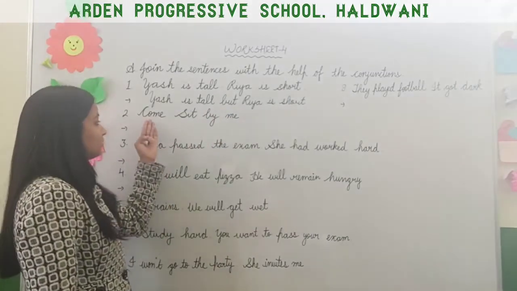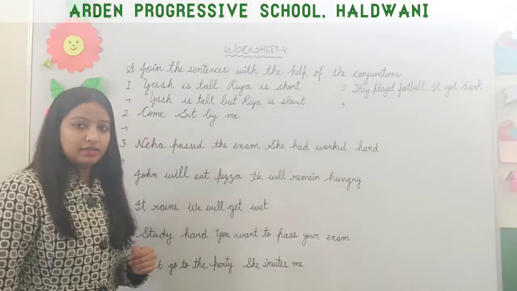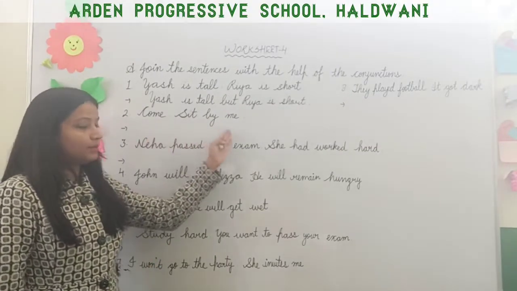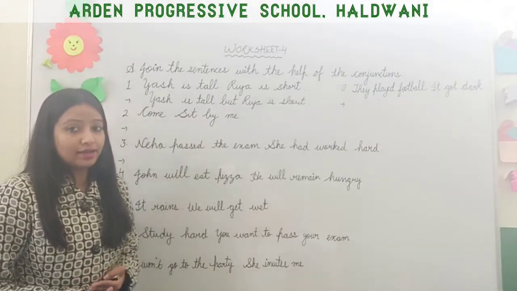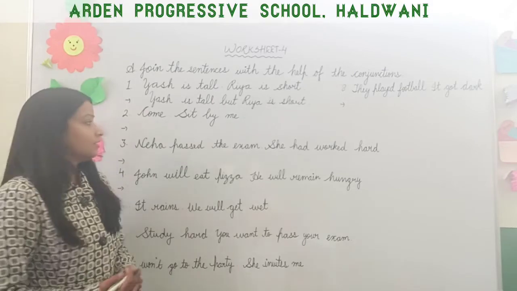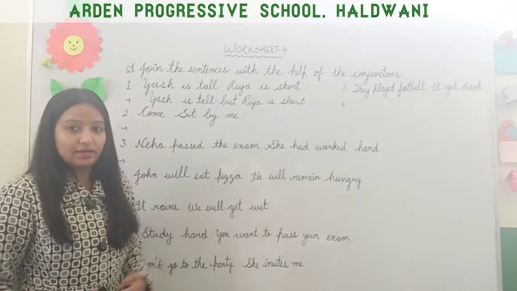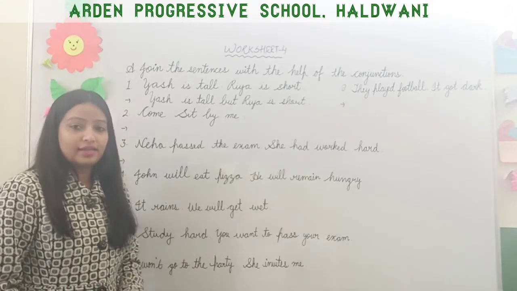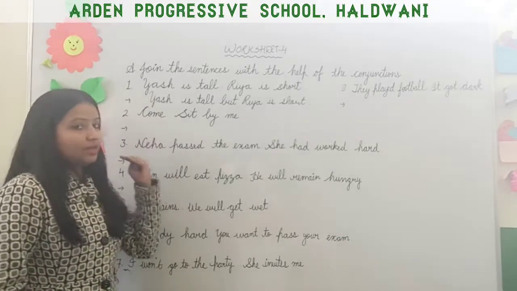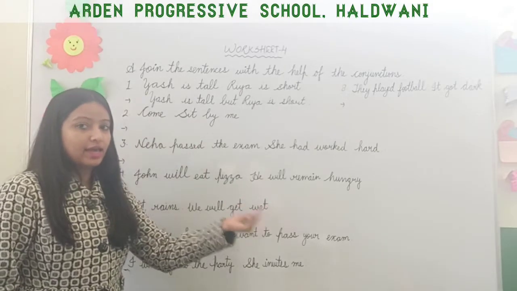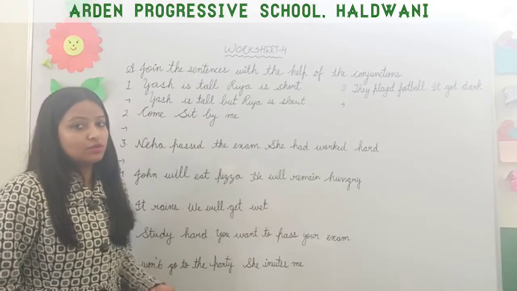Now the second is: come, sit by me. What do you think? These are same ideas or different ideas? These are same ideas because someone is first of all calling and offering the other person to sit.